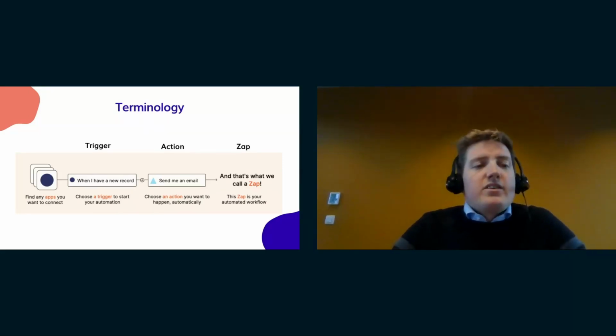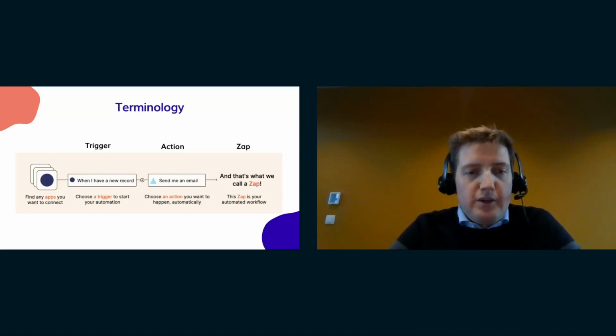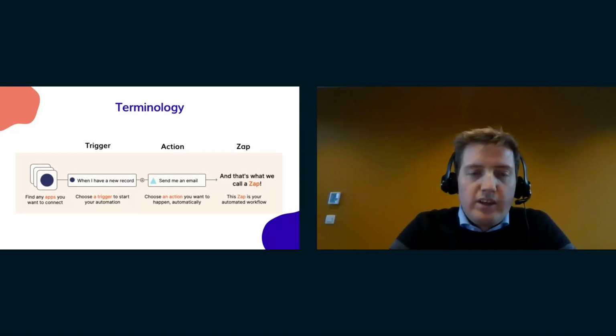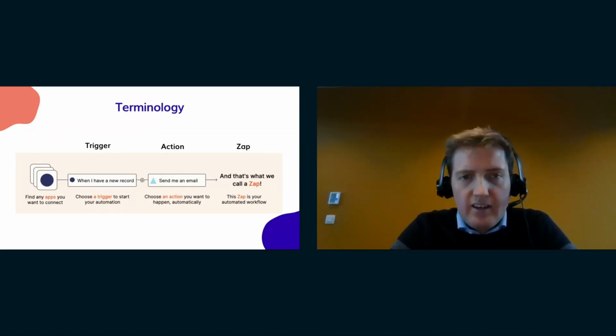So a zap is an automated workflow between your applications. You can compare it with a full process. In the example above, the zap would be the entire workflow of converting a Google contact to a Flexmail contact. And to do this, it starts with a trigger.